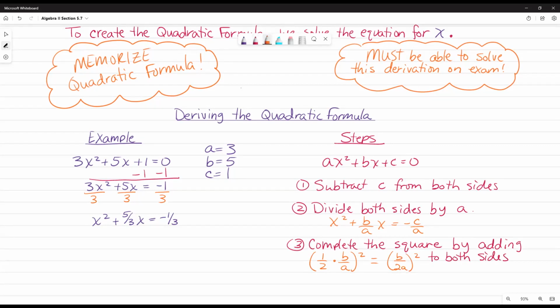Okay, so that means we have x squared plus 5/3 x, this is just what we did in the last section, plus b over 2a. Well, hold on, what's our b? 5. 5 over 2 times 3 squared.